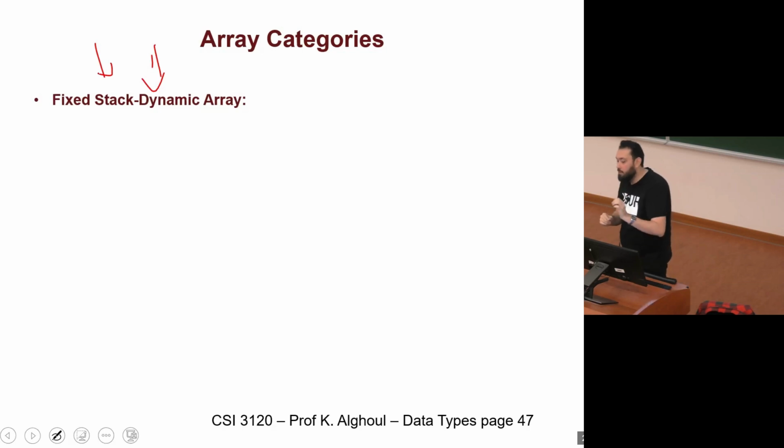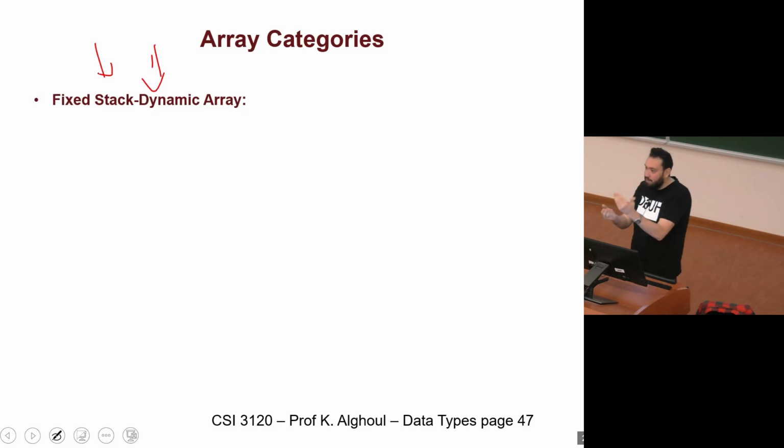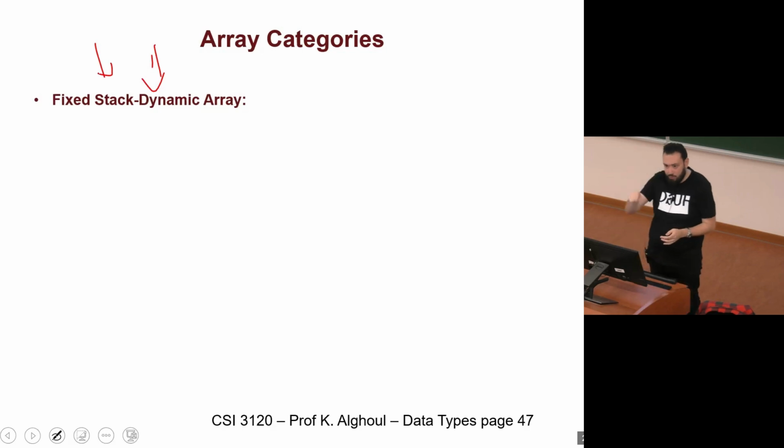For example, you have a function that you're calling inside the main function. It takes int A and int B and returns A plus B. Now this int A and int B that it takes are put in the stack memory, and then used.